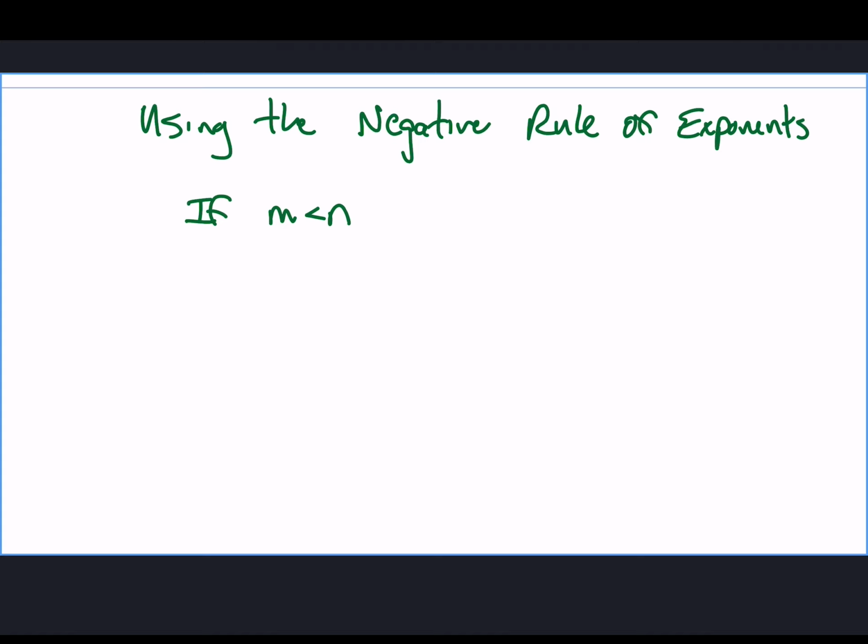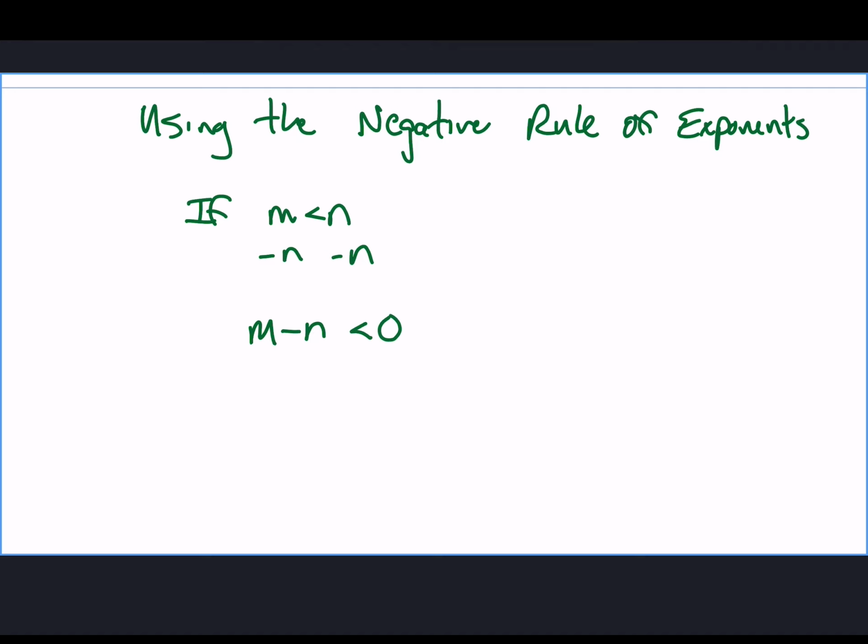We haven't talked about working with inequalities yet, but if you subtract n from both sides of that inequality, you would end up with m minus n less than 0. That means that when we subtract the exponents, you end up with a number less than 0. And a number less than 0, we have a special name for that, and it is? A negative.